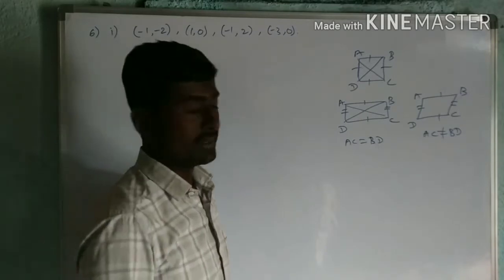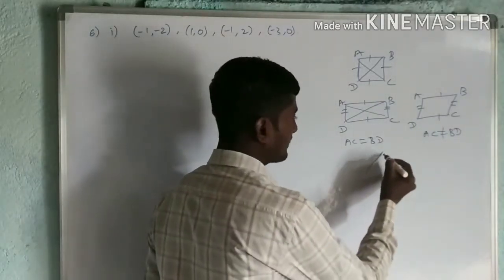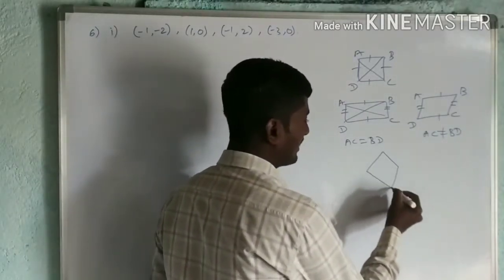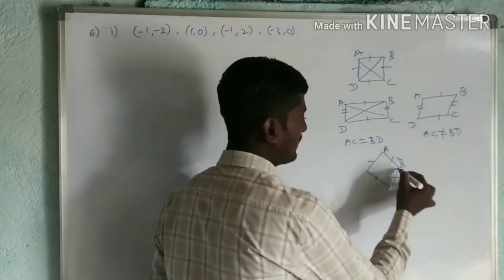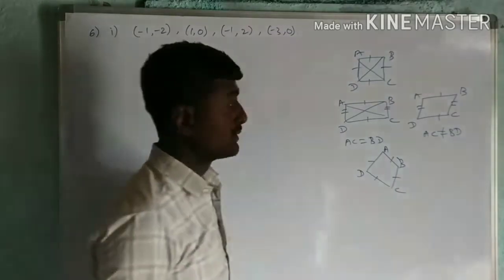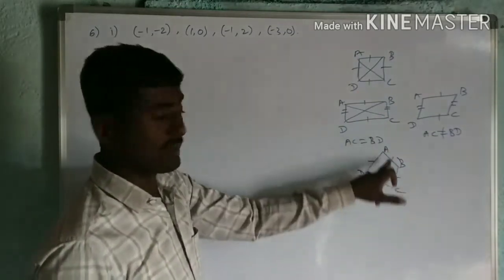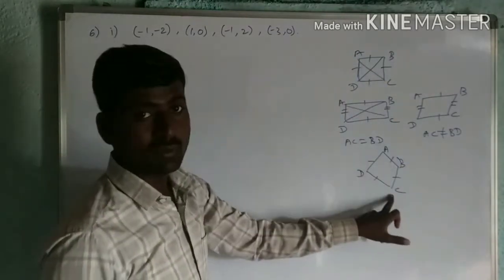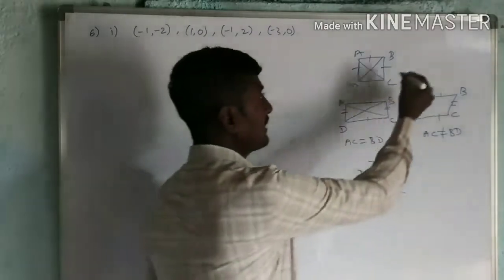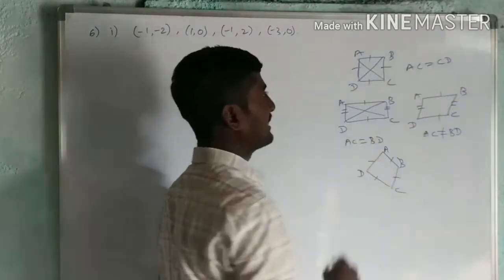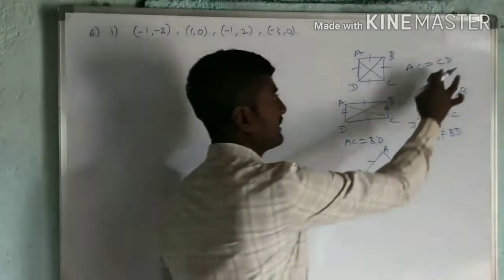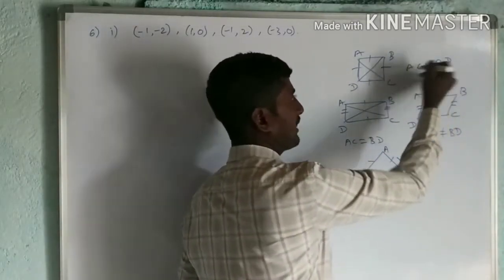Then the rhombus. In a rhombus, all four sides must be equal. If you observe these two, square and rhombus, all four sides are equal in both. Here I am getting AC equal to BD, the diagonals are equal.